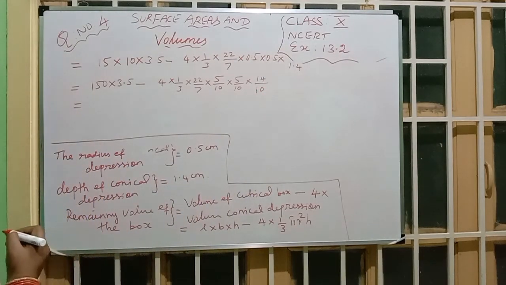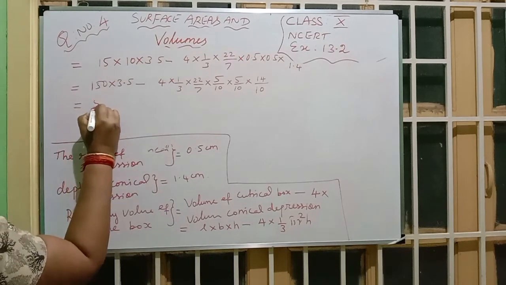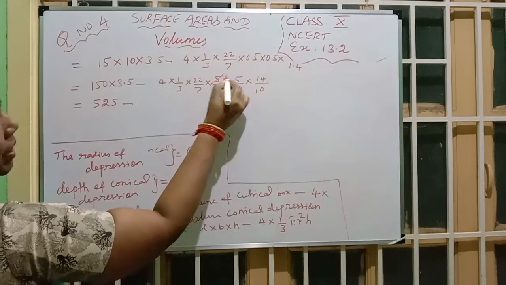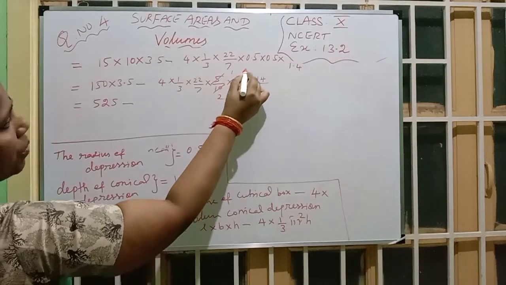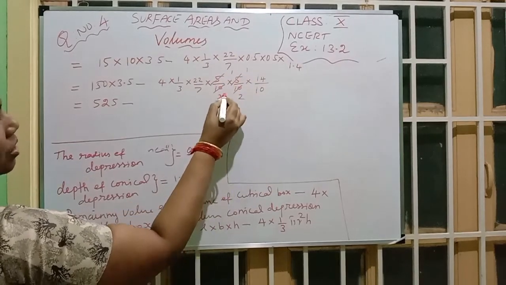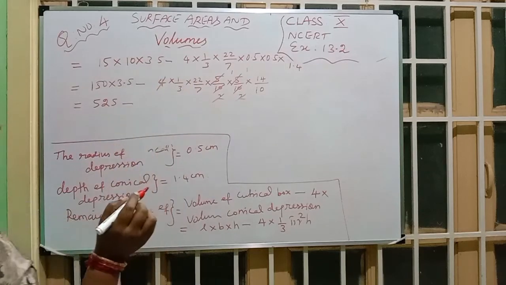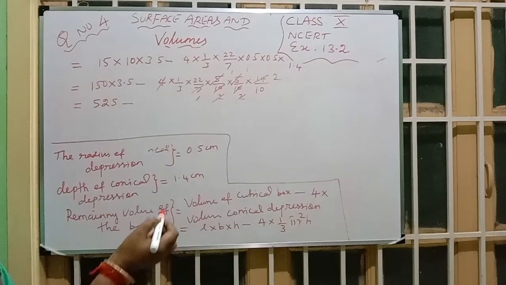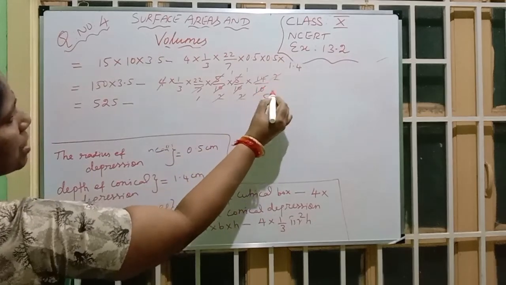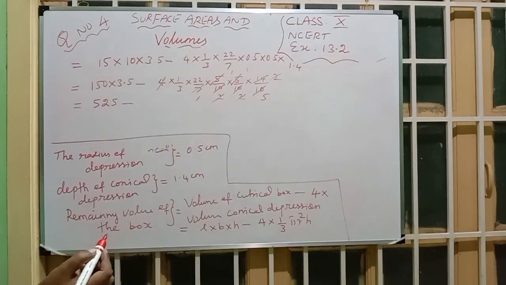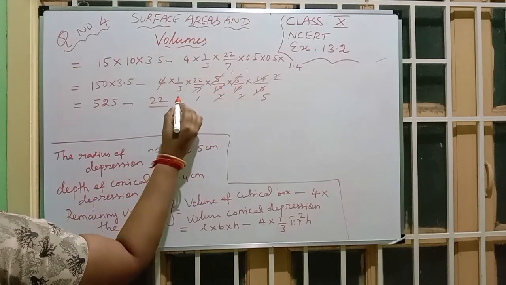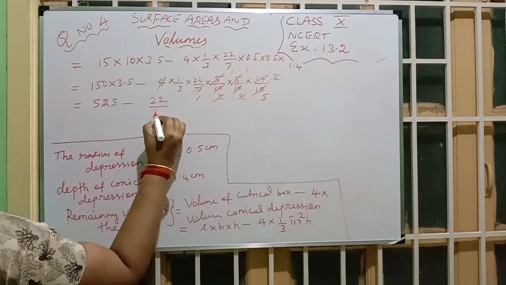Now 150 into 3.5 is 525 minus... 5 ones are 5, 5 twos are 10, 5 ones are 5, 5 twos are 10. 2 into 2 is 4, 4 cancel. Now 7 ones are 7, 7 twos are 14, 1 2 is 2, 5 twos are 10. Then remaining for numerator 22, by denominator 3 into 5, 15.